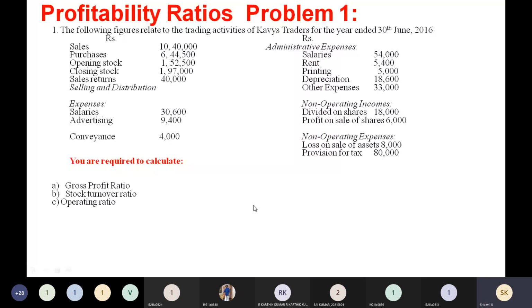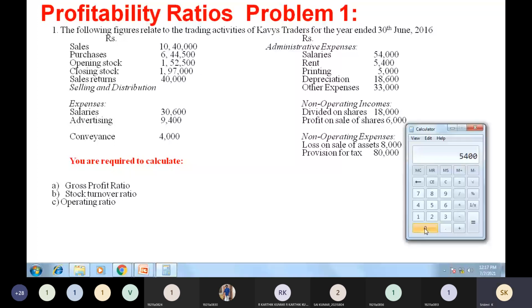Let us take the calculator. 54,000 plus rent 5,400 plus printing 5,000 plus depreciation 18,600 plus other expenses 33,000. So this is 1,16,000. Everyone note that down.